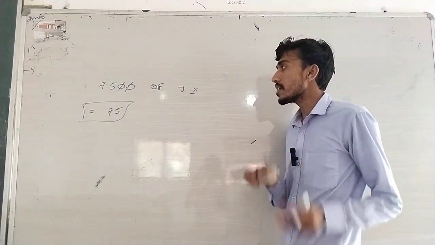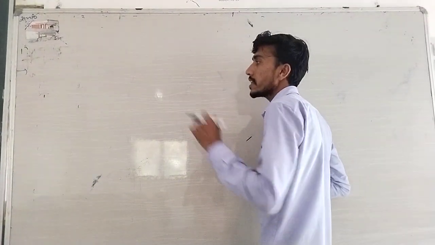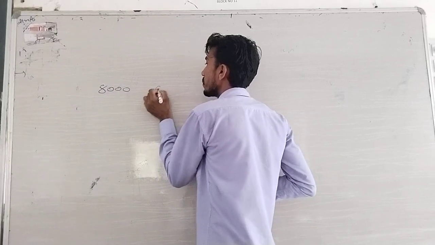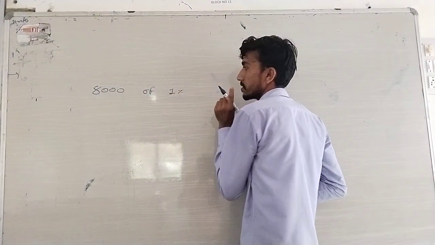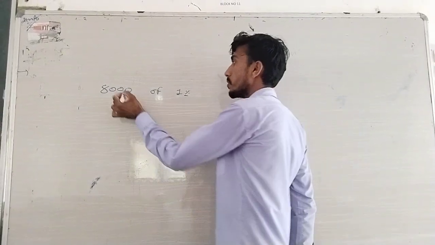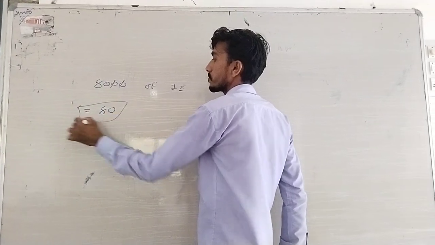I think you understand. I write another example. You can see I write 80,000 of 1%. So percentage has two zeros. So I cross out two zeros. So my answer is 80.